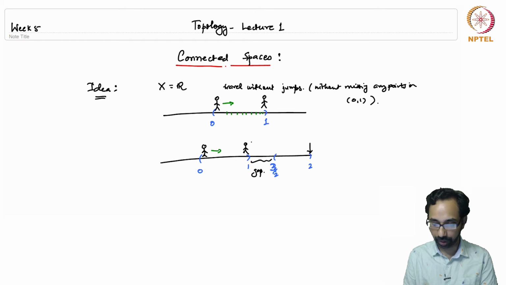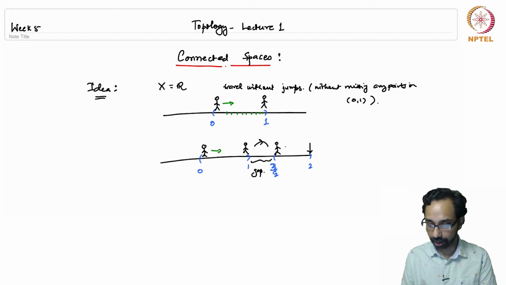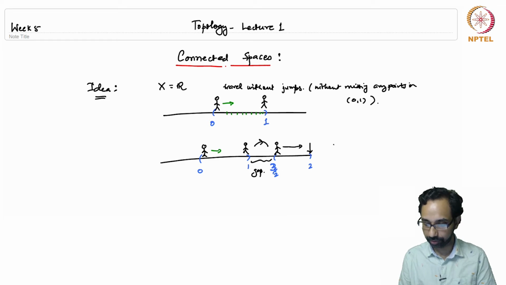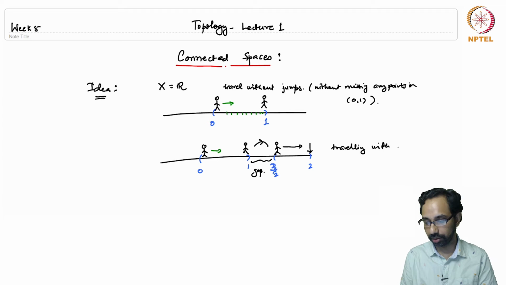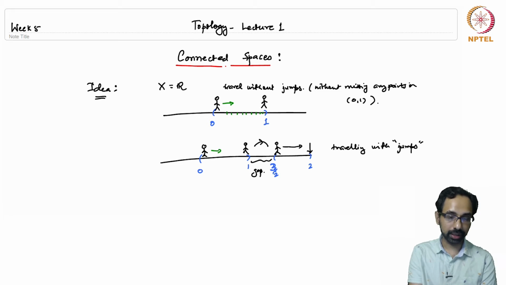There is a gap and you have to jump. So you have to jump to get to the other open interval which starts at 3/2, and then you can travel to 2. So this is traveling with jumps.